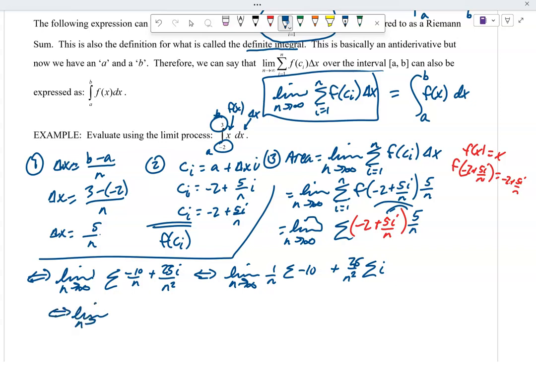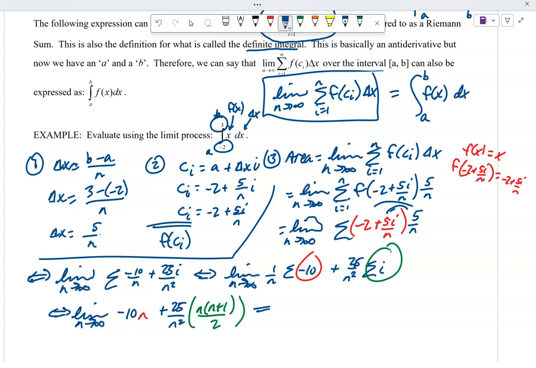So we got the limit as n goes to infinity of -10, if you remember, it's constant times n, plus 25 over n squared, and I look up the formula for the sum of i, which is n times n plus 1 over 2, or n squared plus n all over 2.